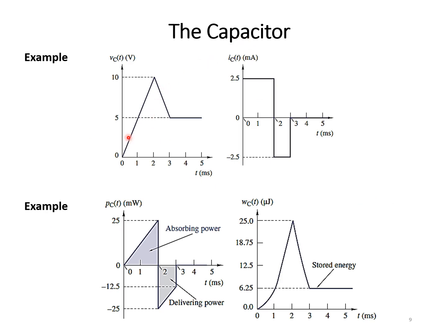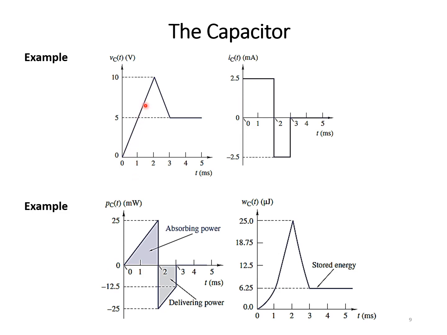Again, this is the voltage across the capacitor and this is the current, and related to this voltage and the current, we can compute the power, instantaneous power over here, power at all instants of time. So take this value of voltage and this value of the current and show it over here.